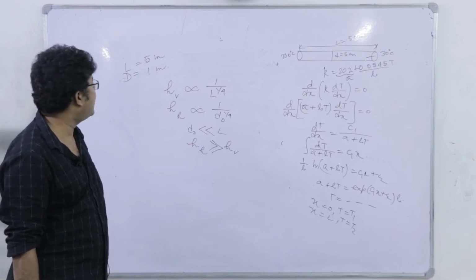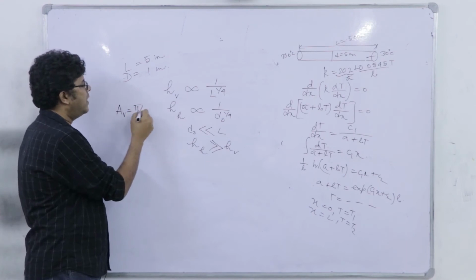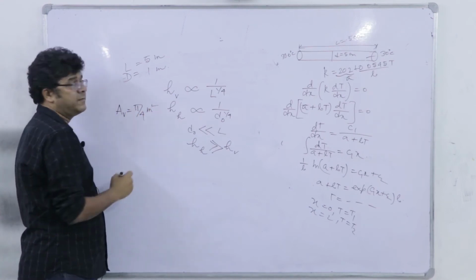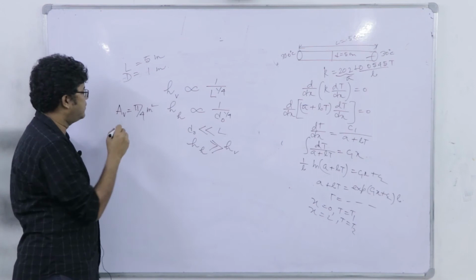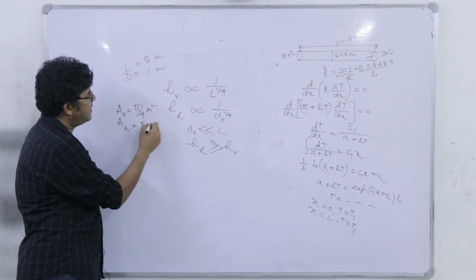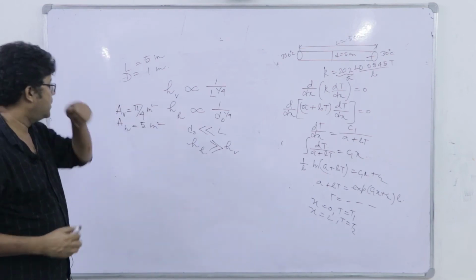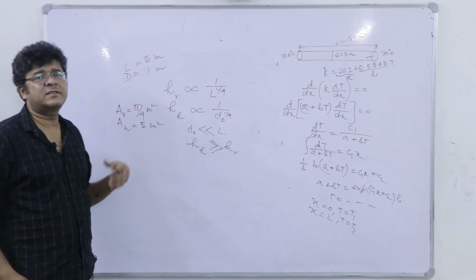5 meter cross 1 meter means if I give a vertical orientation, I will occupy this much floor space. In industry, floor space is very important, and if it is horizontal, it will be 5 meter square of floor space.